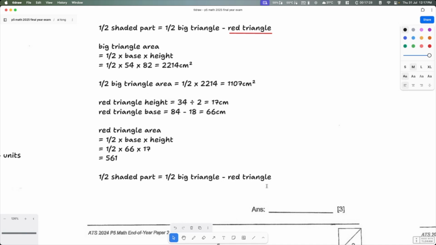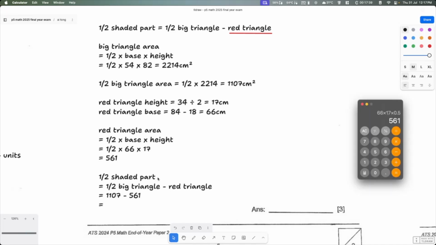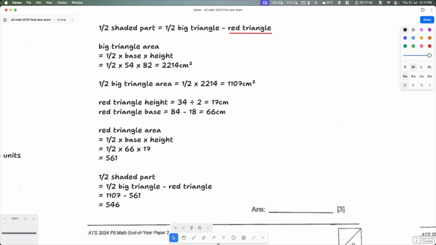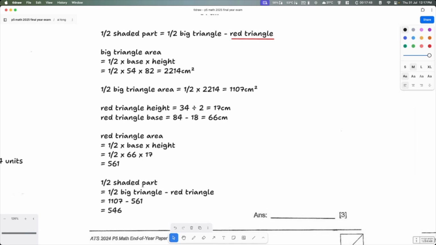Half big triangle is 1107 minus 561, which is 546 centimeters squared for half of the shaded part.